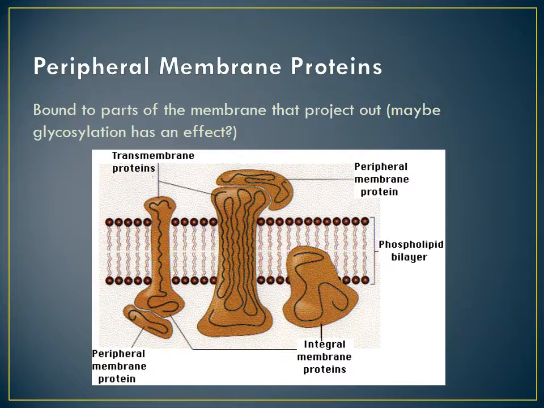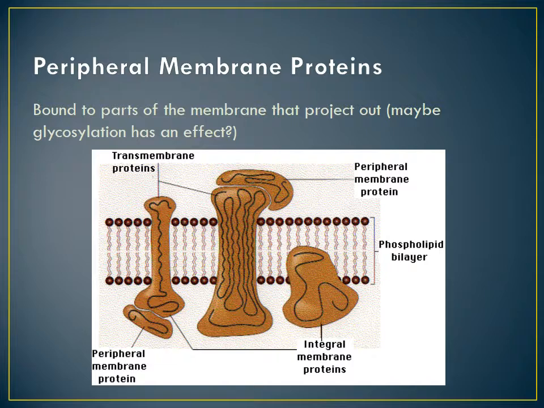The other kind of protein are peripheral membrane proteins. These are proteins that are not actually integrated into the membrane, but associated with it. This protein down here is connected to an integral one, but it itself is not integral. The one up at the top, in the center, that's a peripheral membrane protein.